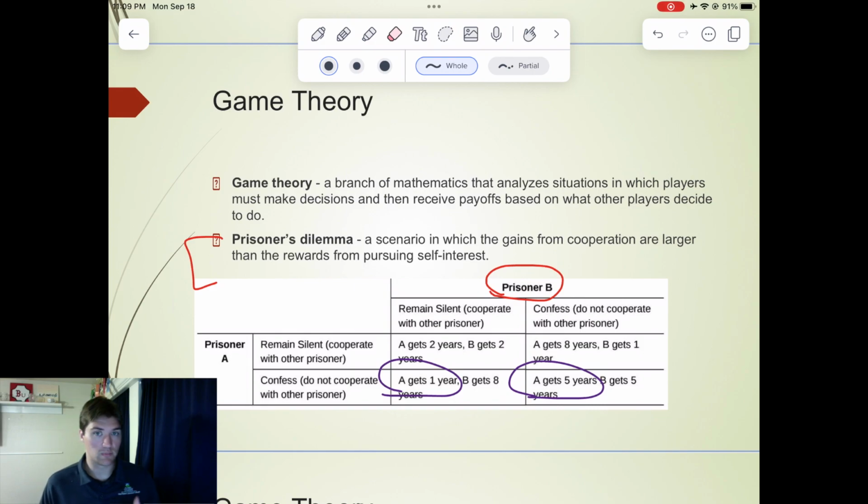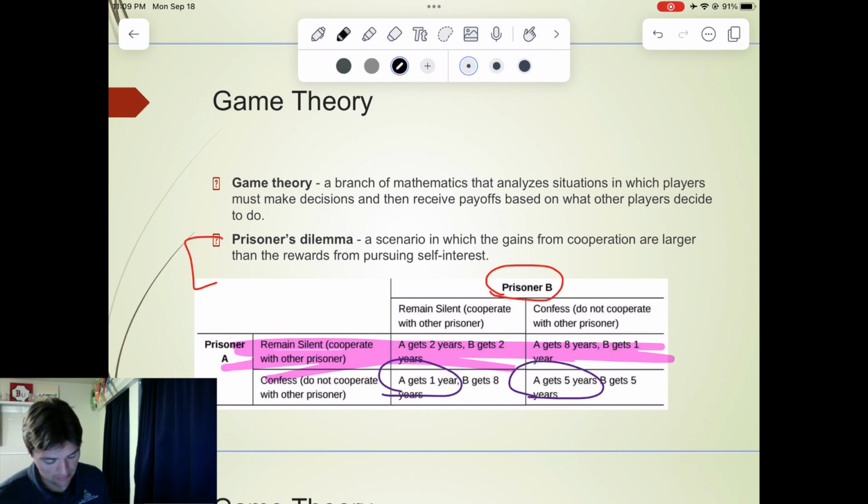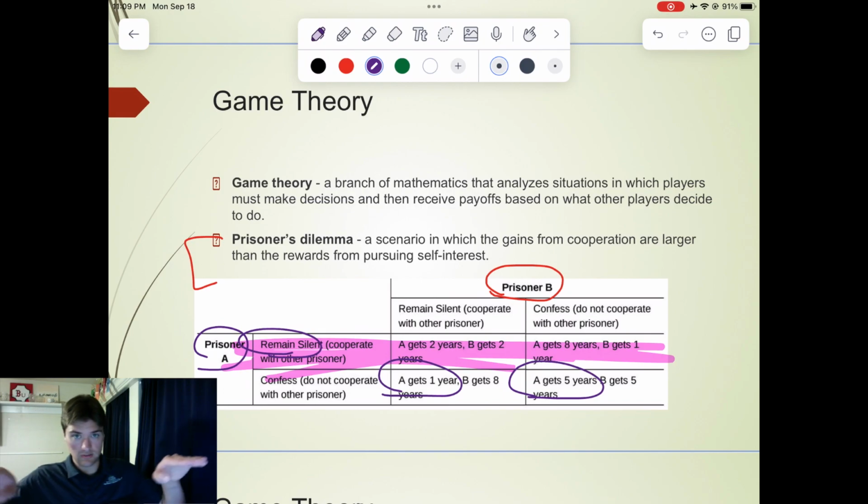Let's do prisoner B. Now we're done with that interrogation room, so let's go to prisoner B. Prisoner B is trying to figure out, if A remains silent, now we have to flip it around, because now it's a horizontal row. So if A remains silent, B gets 2 years or 1 year.